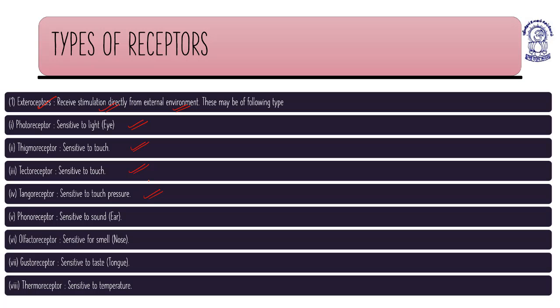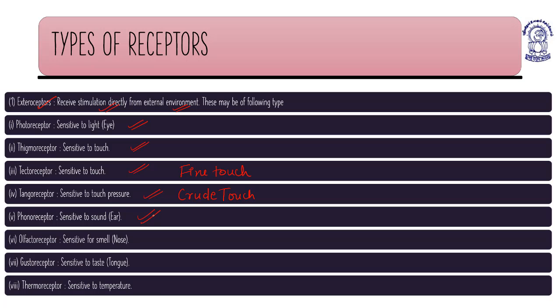Touch along with pressure is not a simple touch, it is pressurized touch, so it is known as crude touch. While the tactoreceptors and thigmoreceptors, especially the tactoreceptors, are sensitive to fine touch.